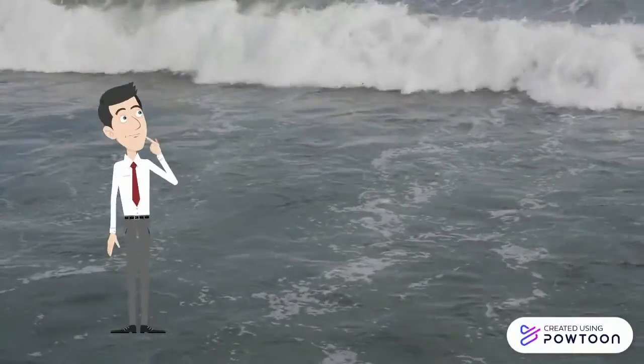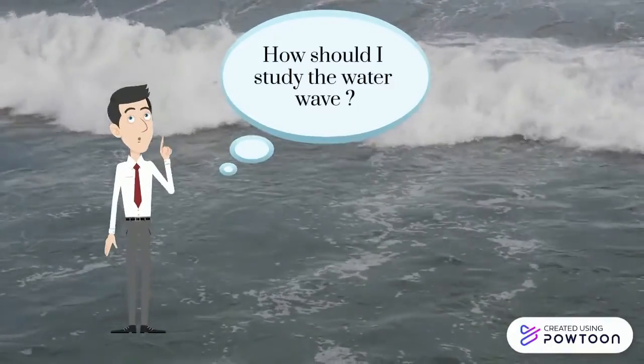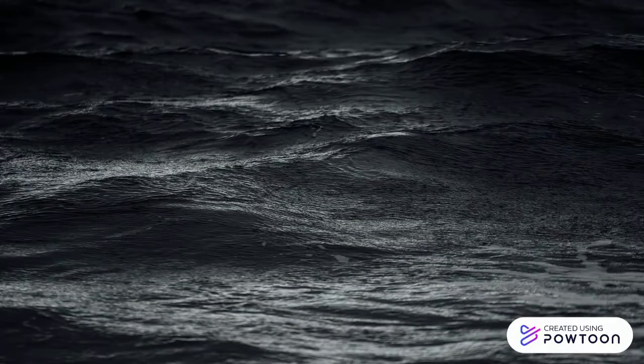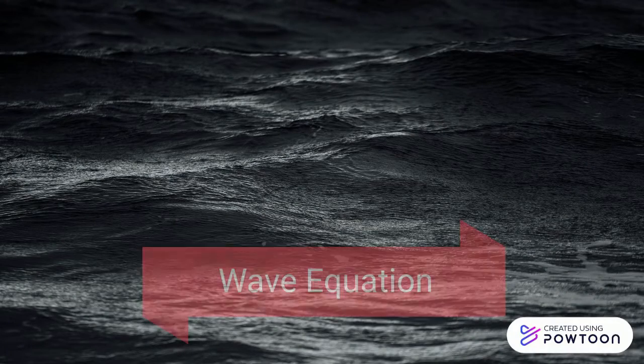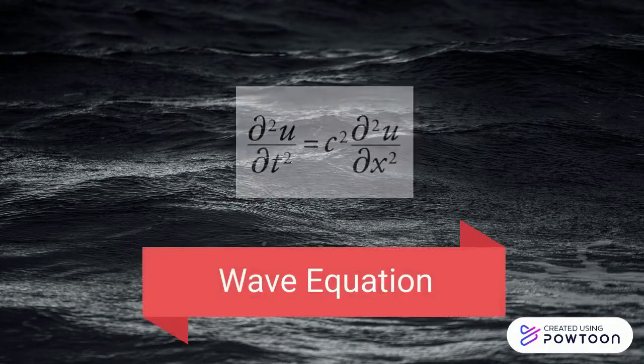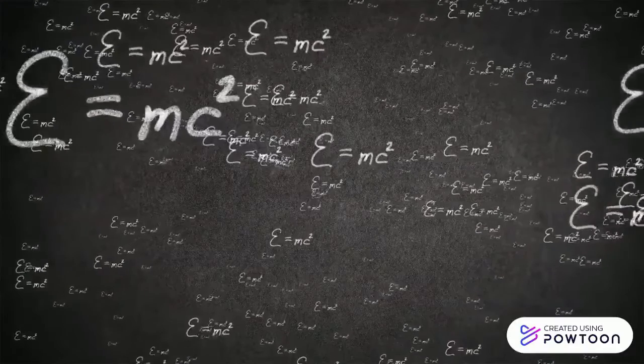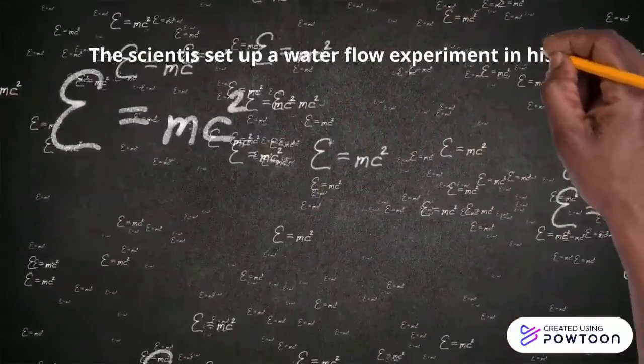A scientist wants to study the motion of a water wave, but how should he do so? He can use the wave equation, which is the second partial derivative of u with respect to t equals c squared times the second partial derivative of u with respect to x, a partial differential equation, to study the water wave. The scientist sets up a water flow experiment in his lab.